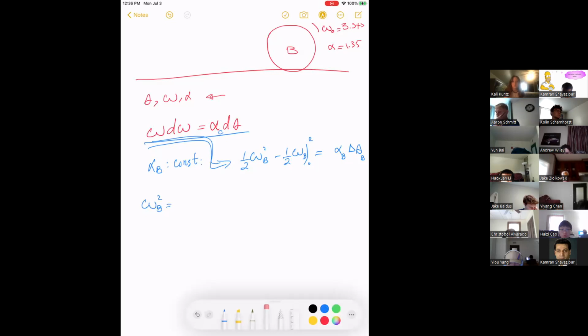And then it's going to be 2 alpha B delta theta B plus omega B0 squared.